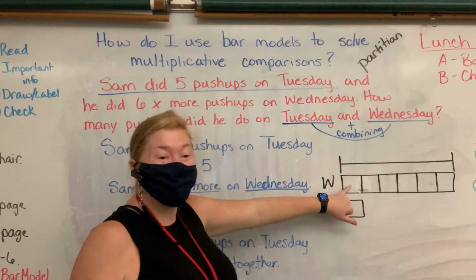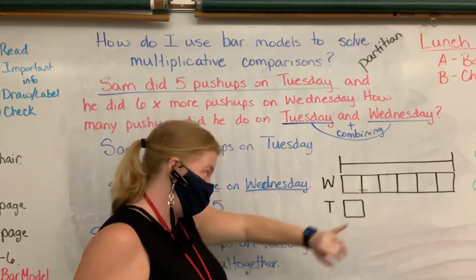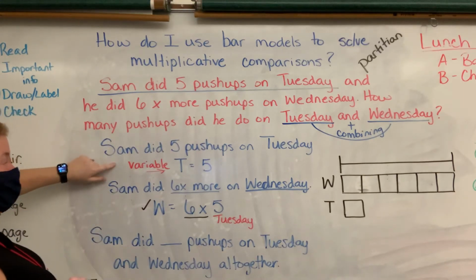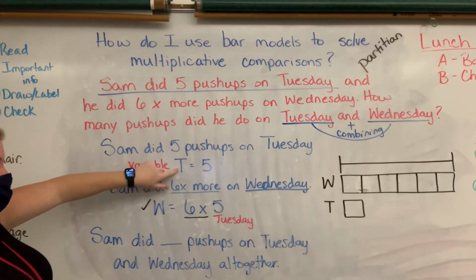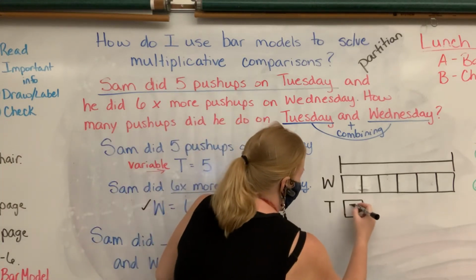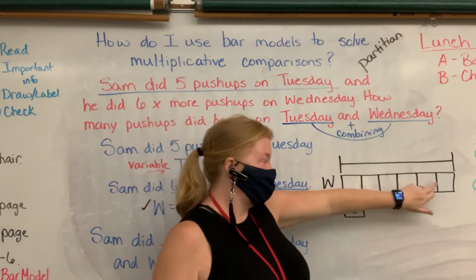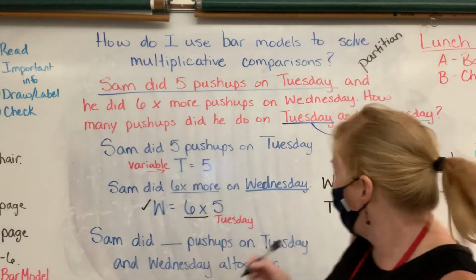Because Wednesday is 6 times greater. So we know how much Tuesday equals. We know that Tuesday equals 5. So if Tuesday equals 5, then every single one of these on Wednesday also equals 5.